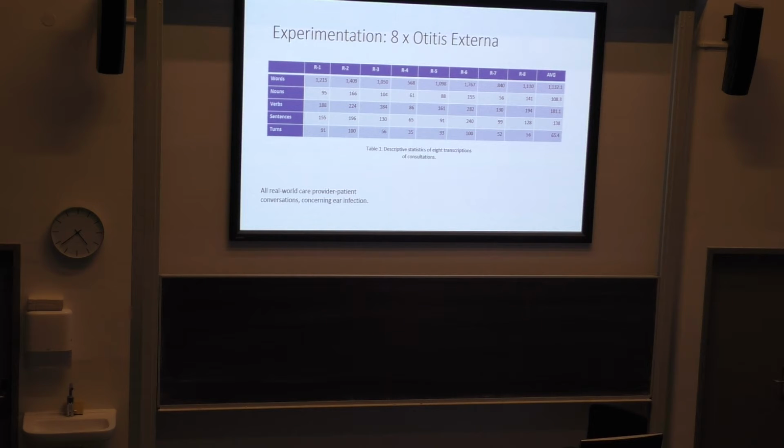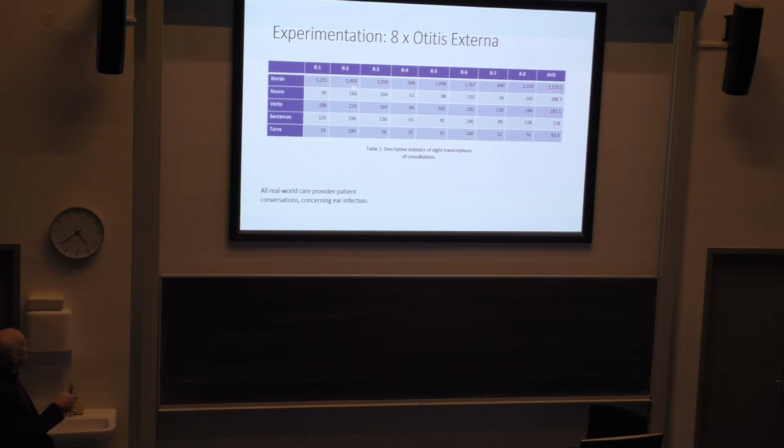And we did some experimentation with, in this case, 8 otitis externa transcriptions. We obtained them through our collaboration with NIVEL, the National Institute for Healthcare, which is here in the city center. These are just some descriptive statistics.